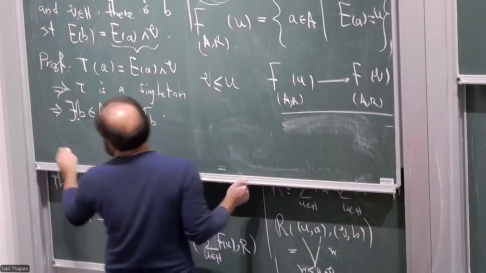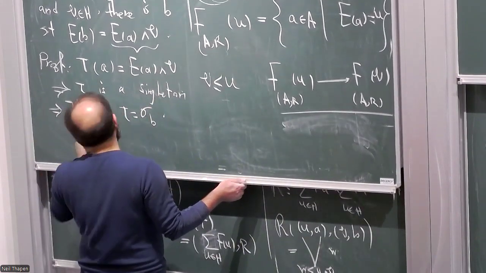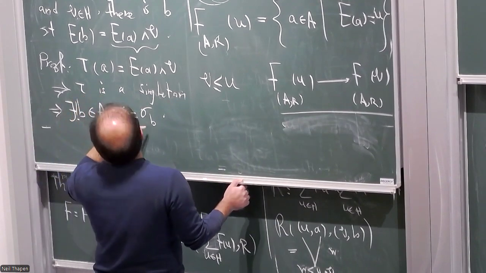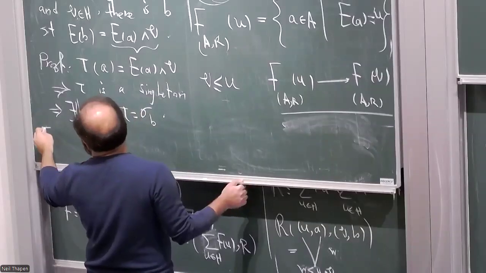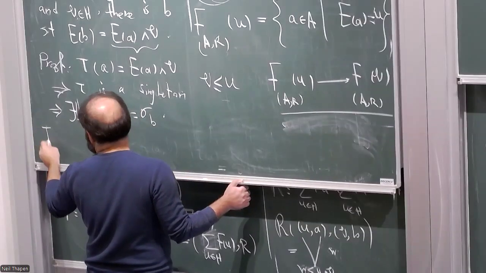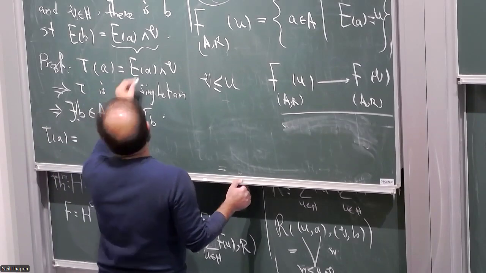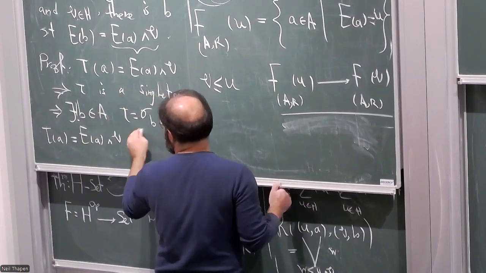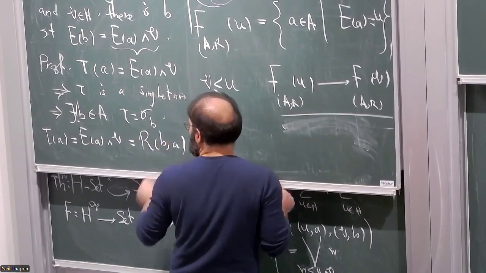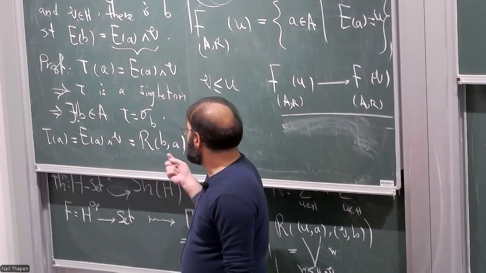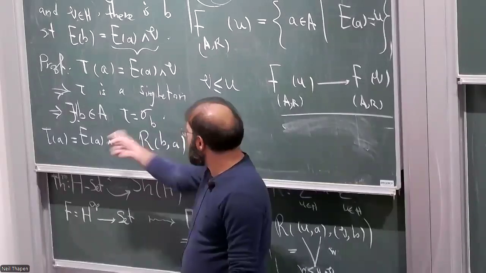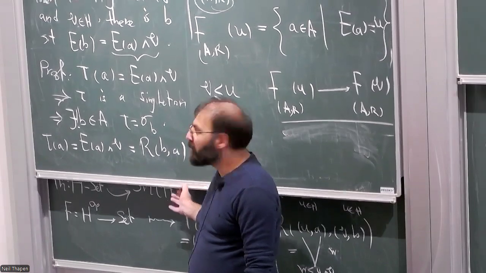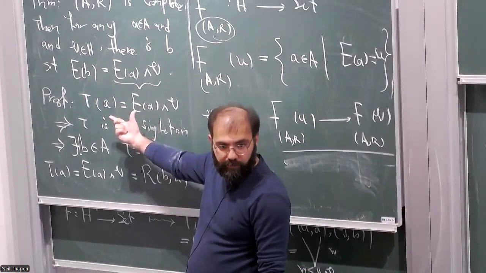Which means that on one side it is this, on the other side it is this, which is just R B A. So you have this equality. B is fixed, but A can be anything, because I define my function like that.